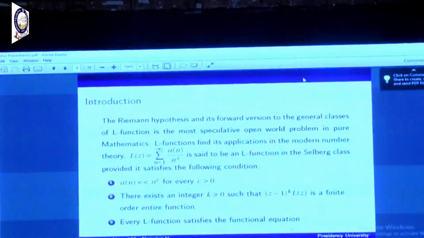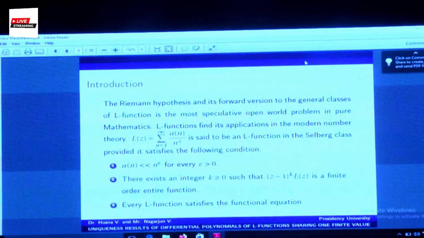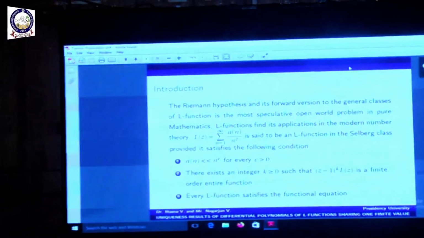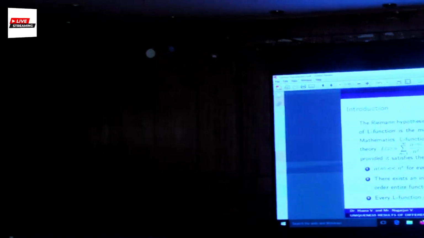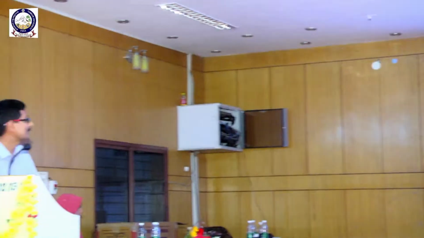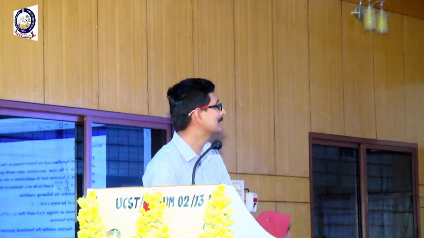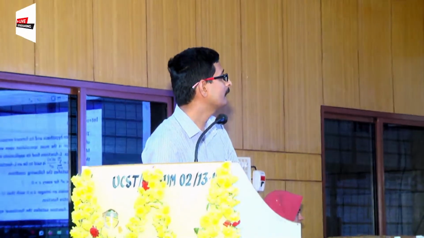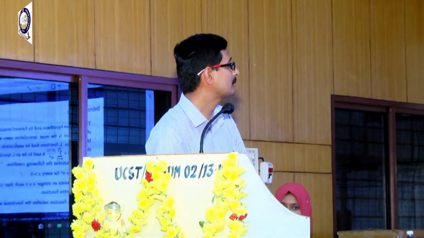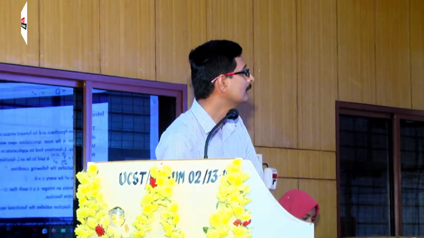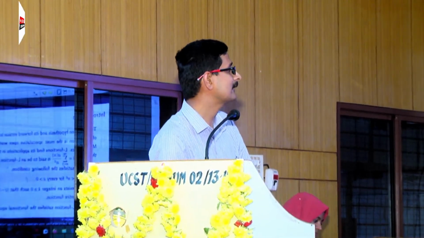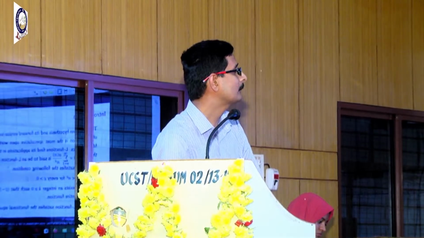The L function definition is as follows. L of z equals the summation, n ranges from 1 to infinity, of a of n divided by n power z, and is said to be an L function in the Selberg class if it satisfies the following three conditions. A of n is much less than n power epsilon for every epsilon greater than 0, and there exists an integer k greater than 0 such that z minus 1 power k times L of z is a finite order entire function.